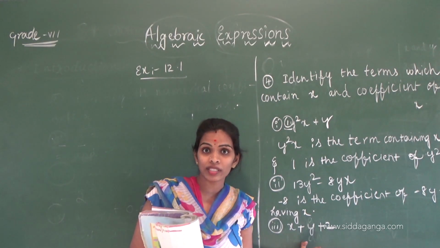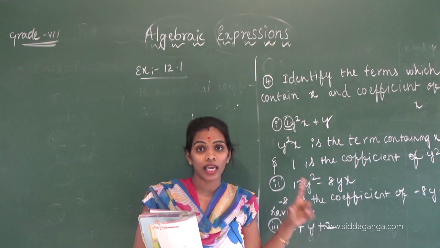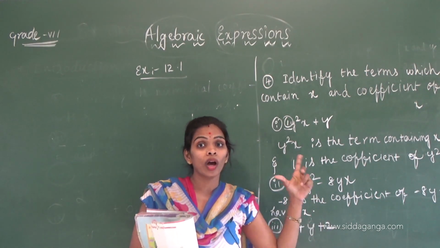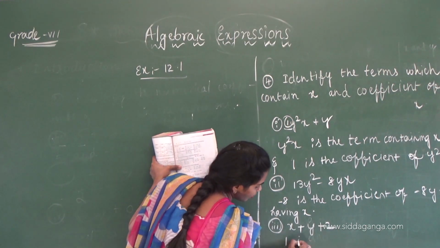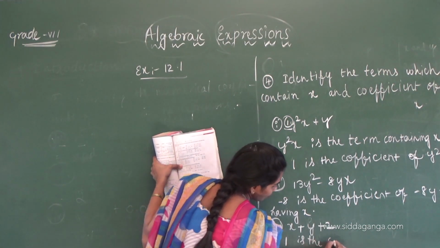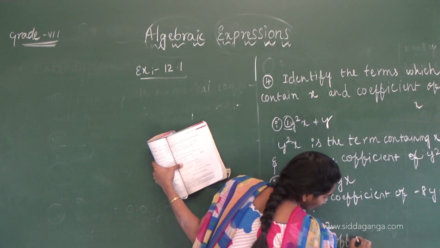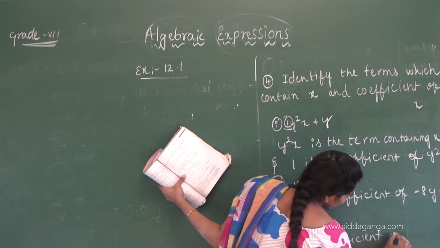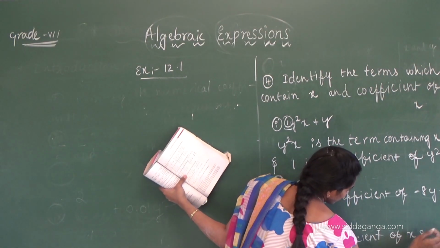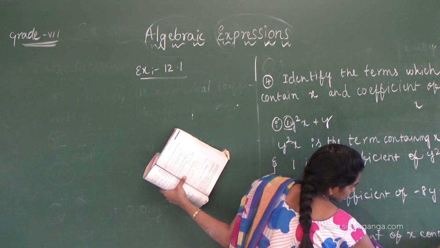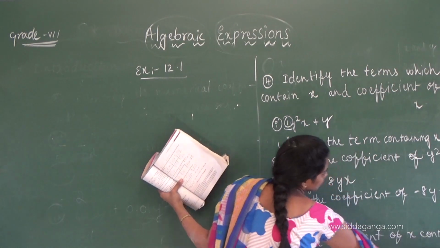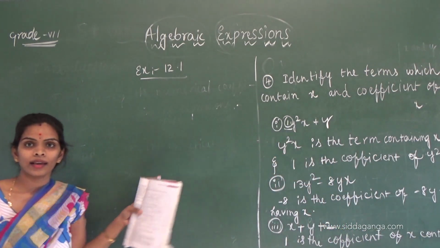The first term is consisting of x. x can be written as 1 into x. 1 is the coefficient of x, containing x.